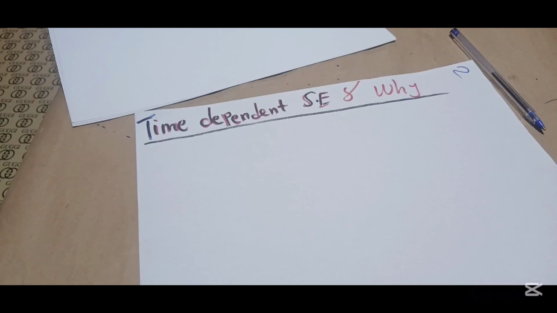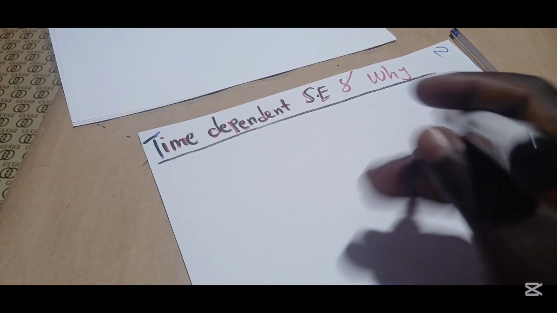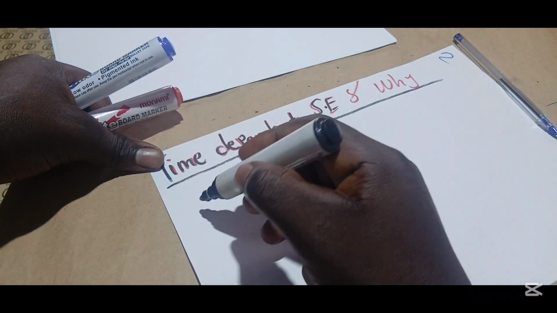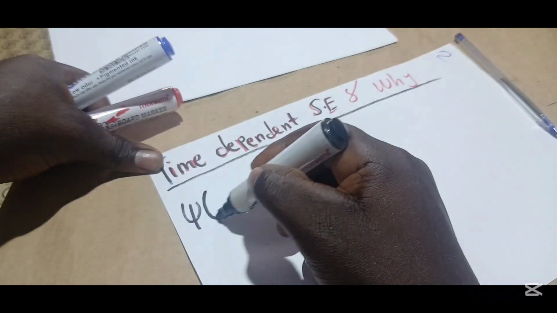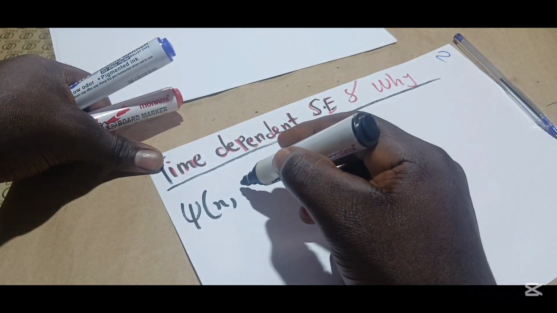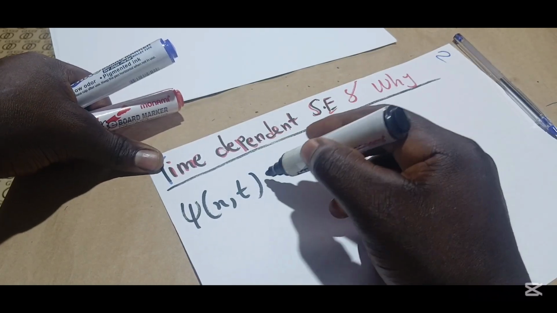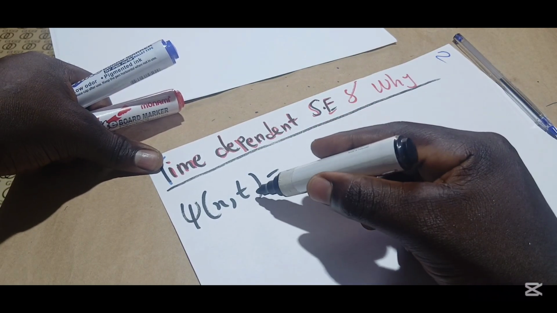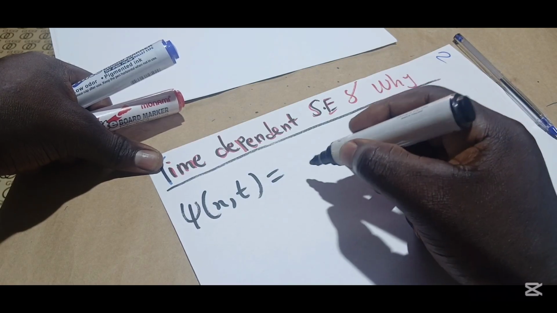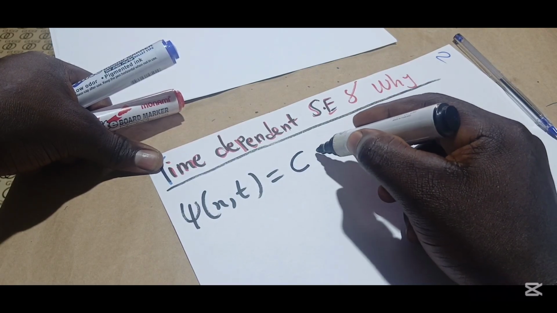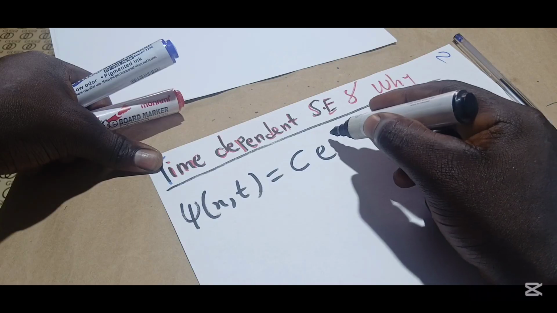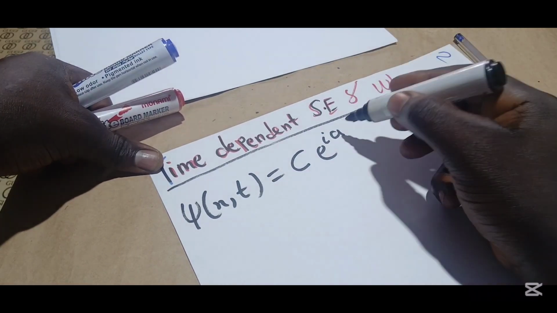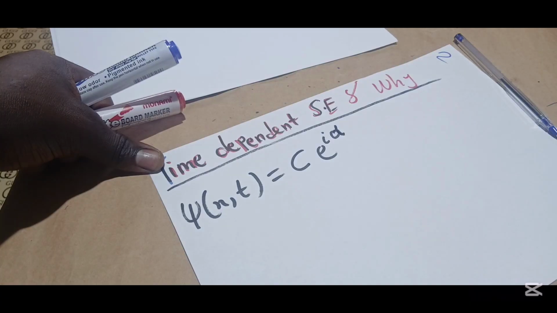In our previous video, we learned that psi, which is a function of distance x and time t, equals C e to the power i alpha.